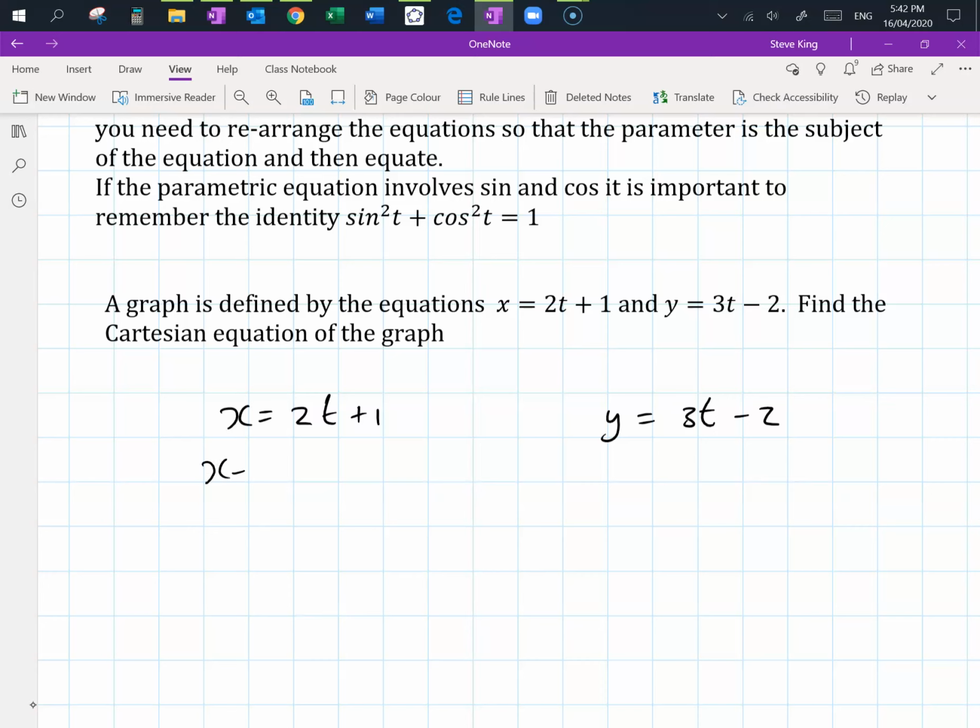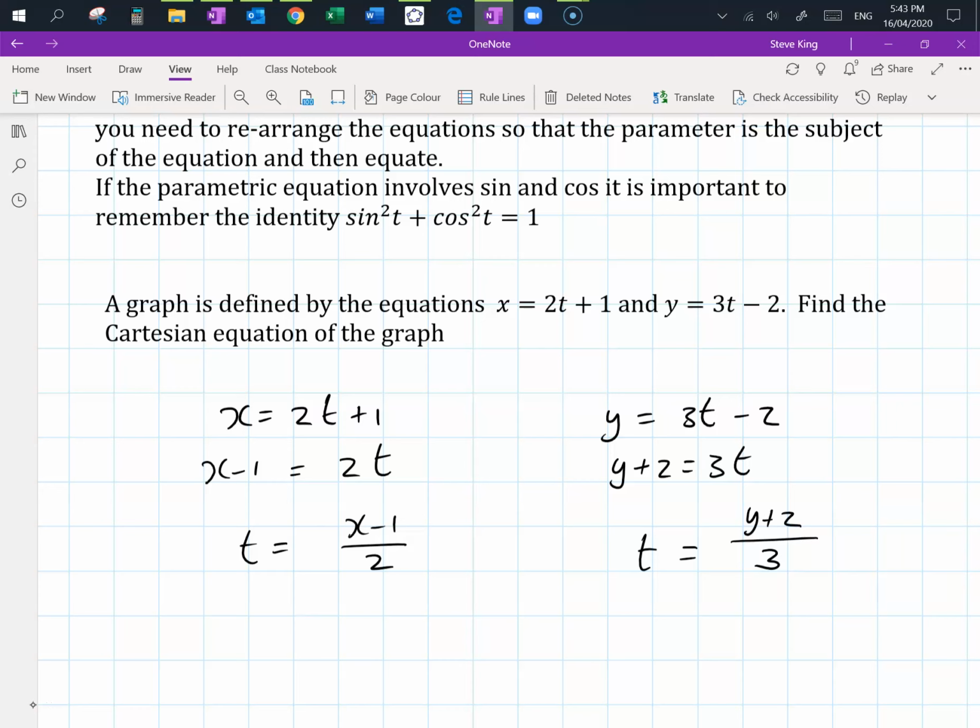So I can say x minus 1 is going to be 2t, and so t is going to be x minus 1 all over 2. Here I can say that 3t is going to be equal y plus 2, and so again t I can say is going to be y plus 2 over 3.